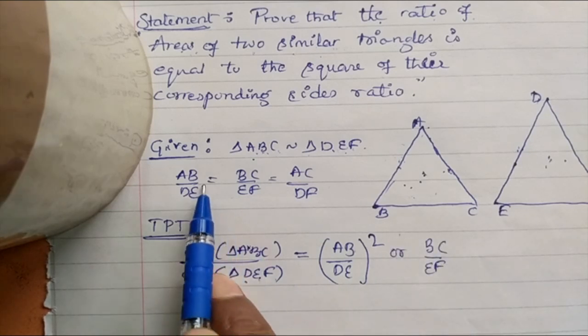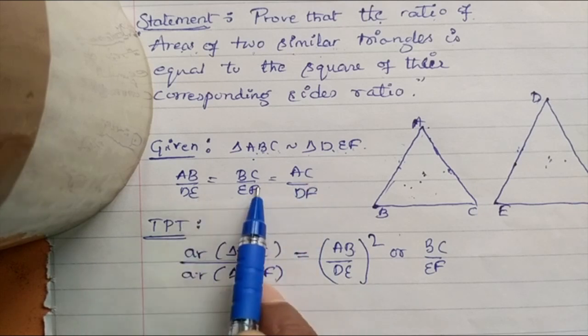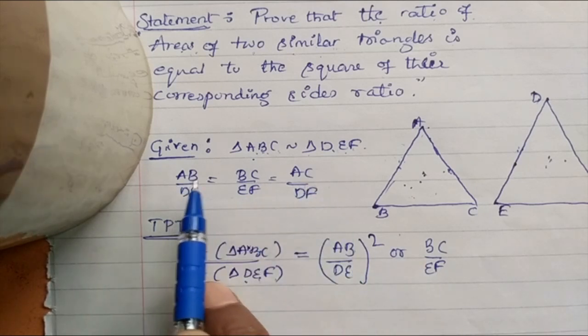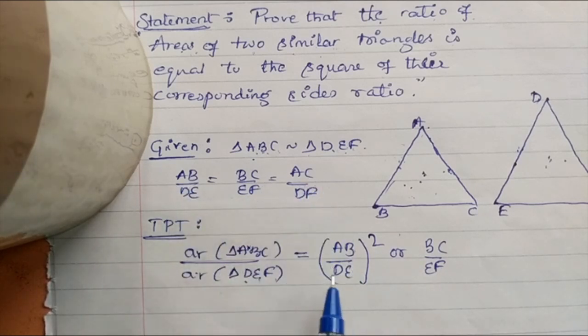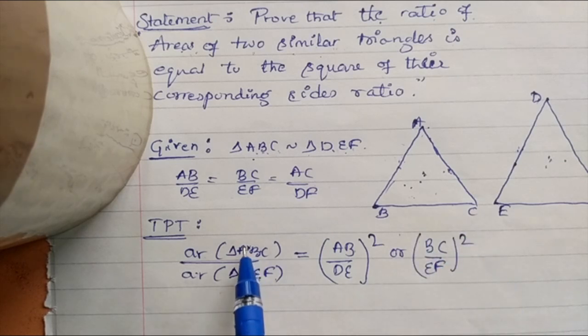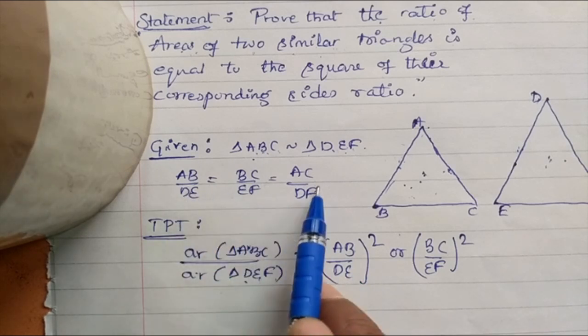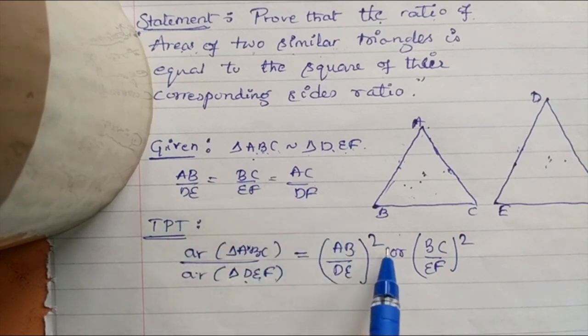There are three corresponding sides. Out of these three corresponding sides, any one you take and go for whole square. That's it. Two similar triangle areas are written by any one of these three you take and go for whole square, or I can go for AC by DF whole square.